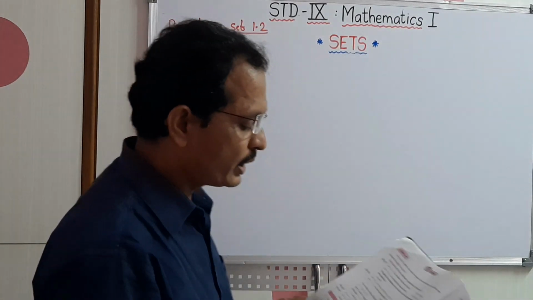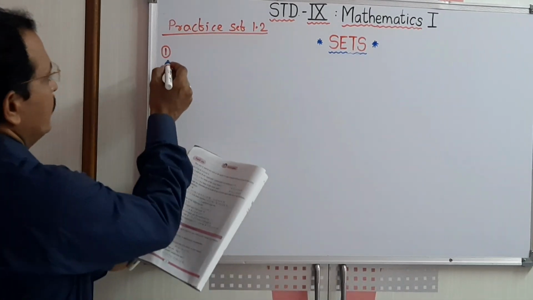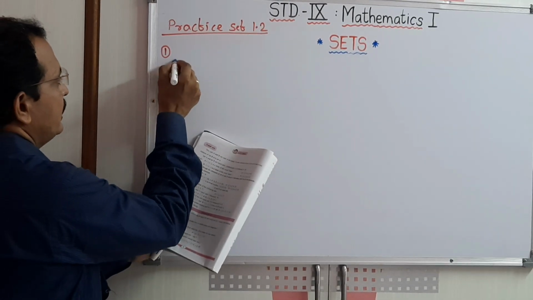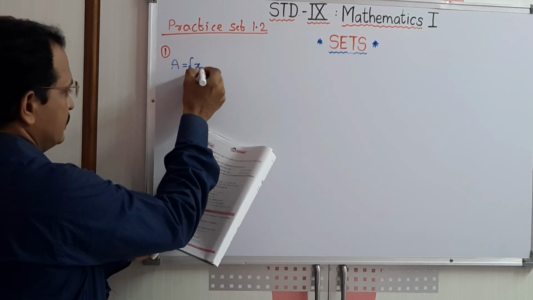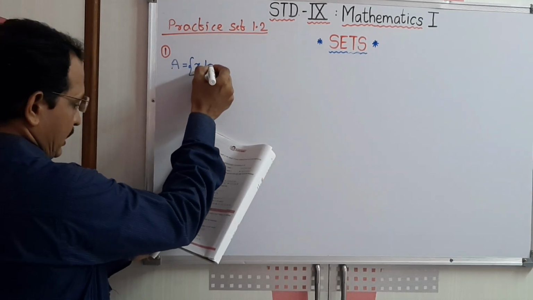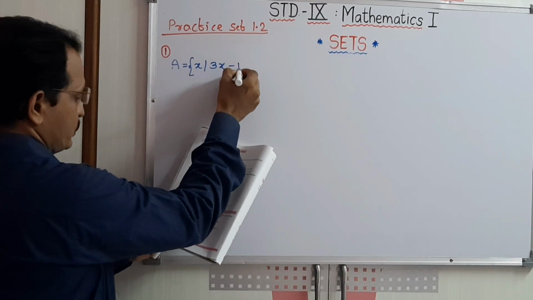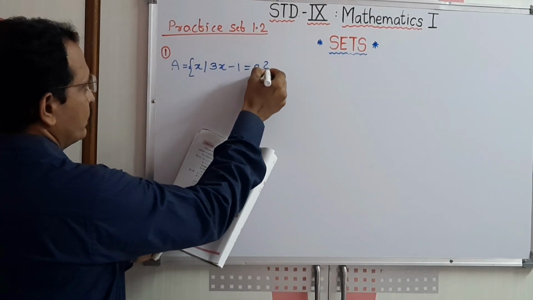Therefore, first of all, we write the given sets. First set A is given: A is a set of x such that 3x minus 1 is equal to 2.